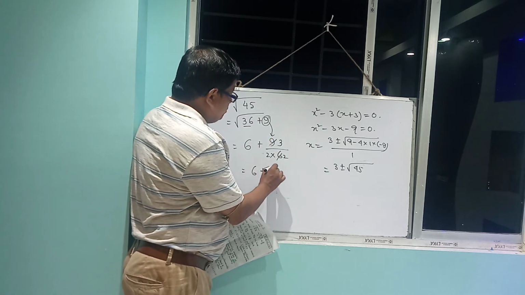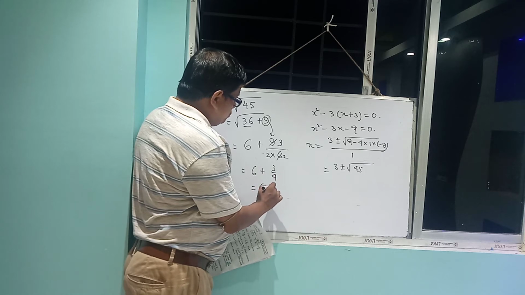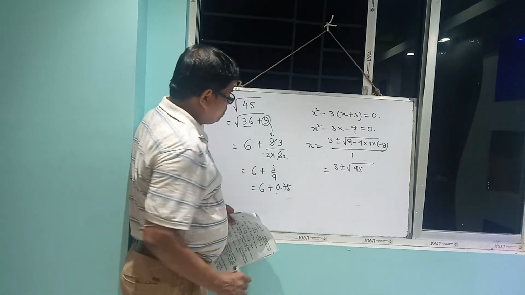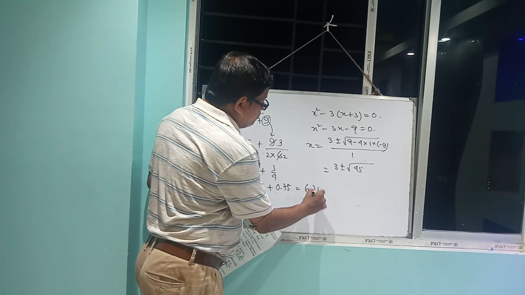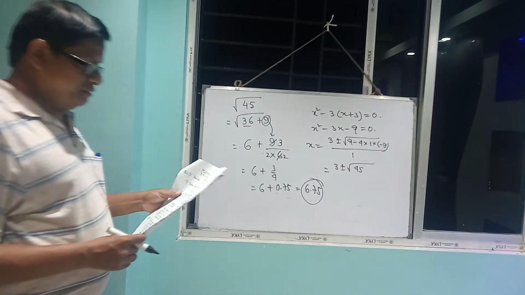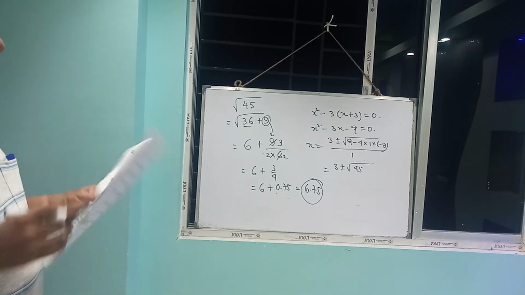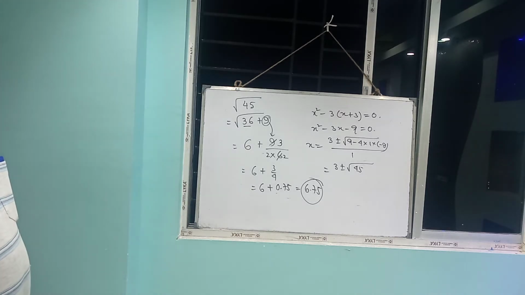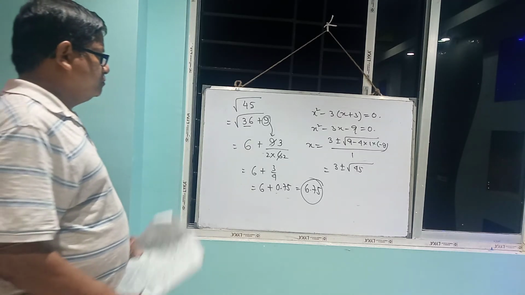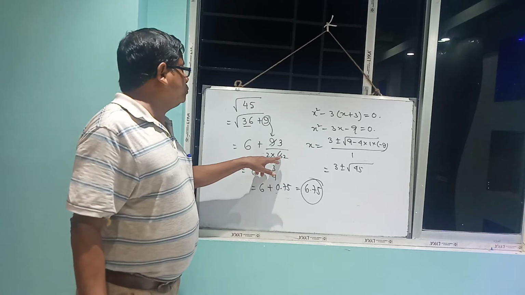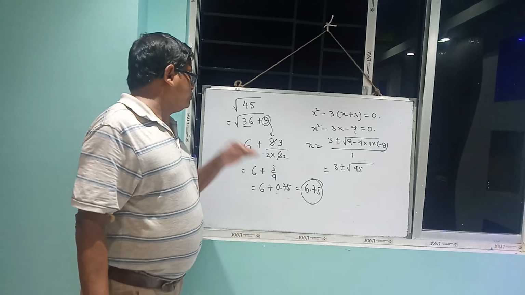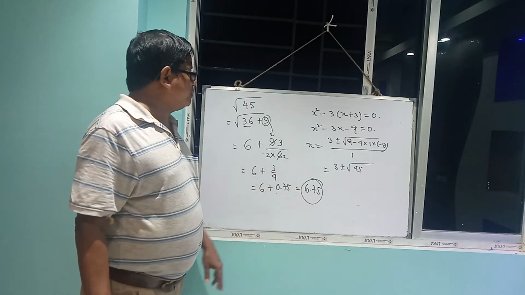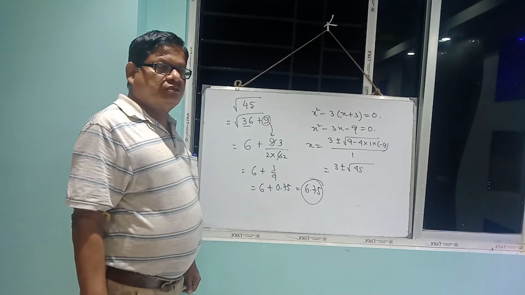So 6 plus 3 by 4. 3 by 4 you already know is 0.75. So 6.75. This is the answer. Understood? Right.